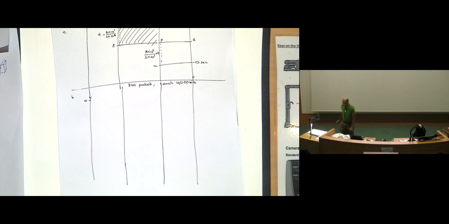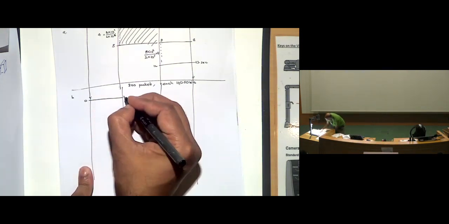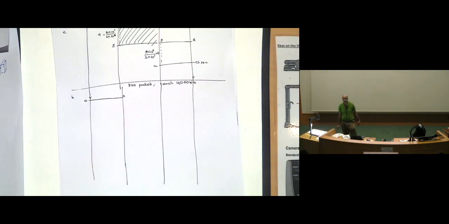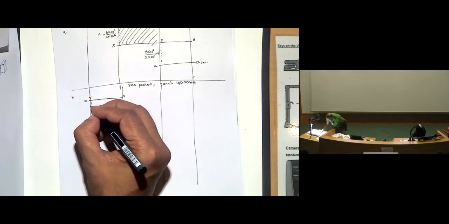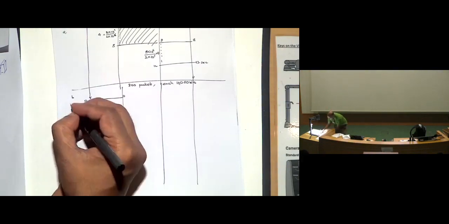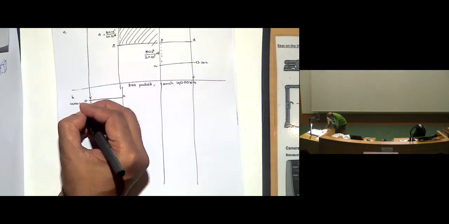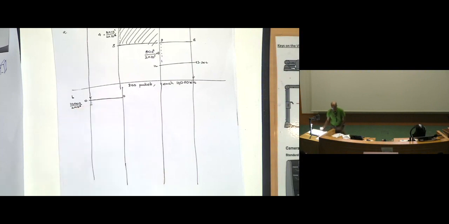So t equals 0, I start, and my first bit will reach immediately. But then I keep sending. How much time till I complete my first packet? Now this time it is 10,000 divided by 2 into 10 to the 6, which is 5 milliseconds.